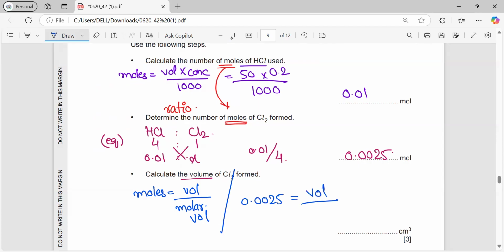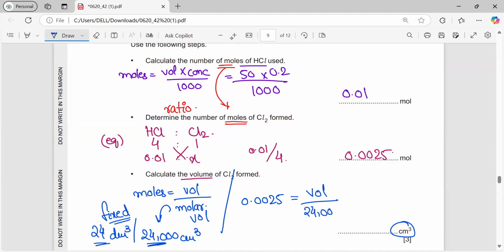Volume we need to find, and the value for molar volume is fixed, which is 24 if it is in decimeter cube and 24,000 if it is in centimeter cube. The volume present in 1 mole of every gas is 24 or 24,000. Here we have to find out the answer in centimeter cube. So we'll use the value 24,000. We'll multiply, and the answer comes out to be 60.